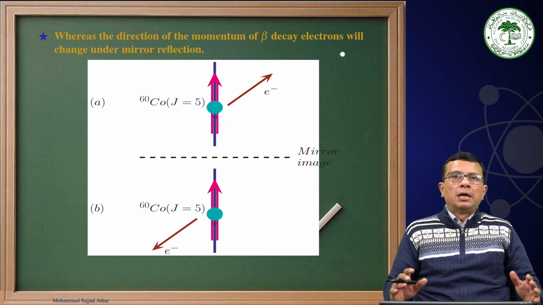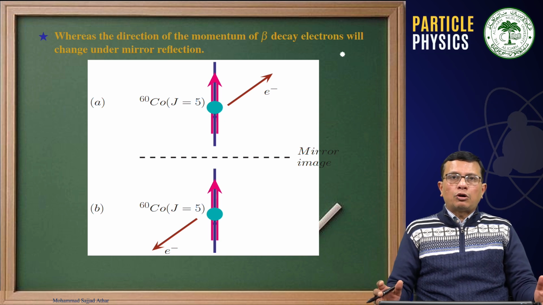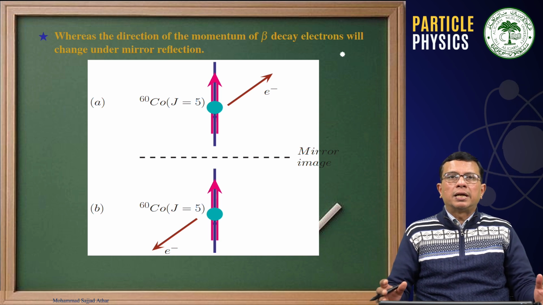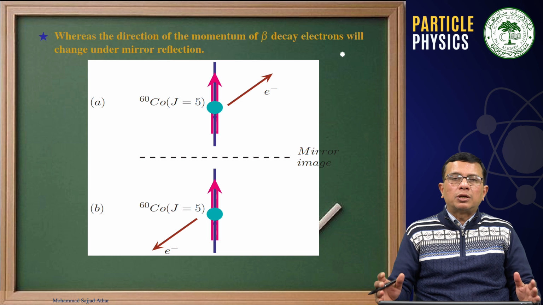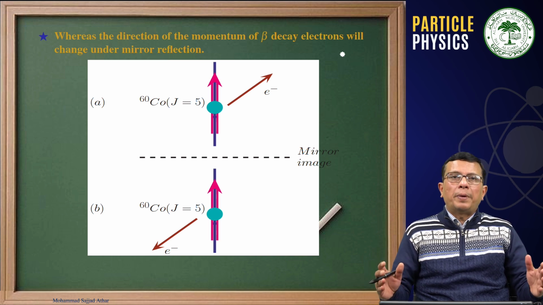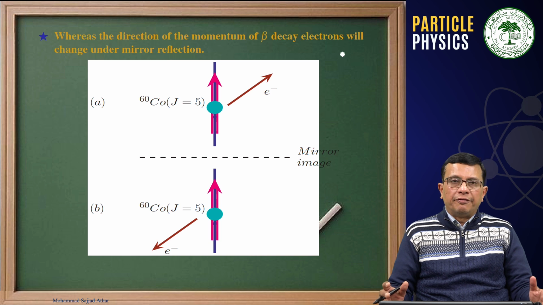That means the electrons are not coming out in both hemispheres in equal numbers, and that tells us that nature is preferring a particular direction of the electrons, and that is what we say: parity is not conserved in weak interactions.